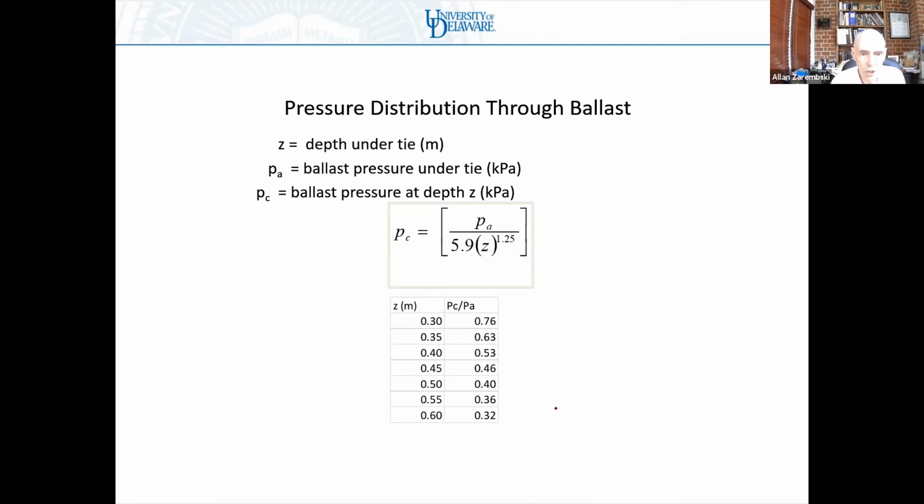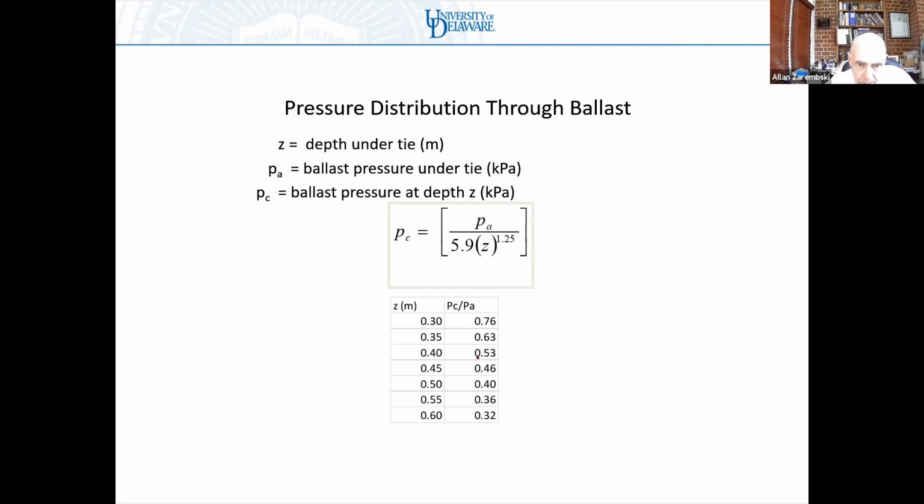So what this tells you is that this actually gives you the ability to look at the reduction in pressure as you go deeper into the ballast. P sub C at 0.3 meters, the pressure at 0.3 meters, is about 76% of the pressure directly under the sleeper.